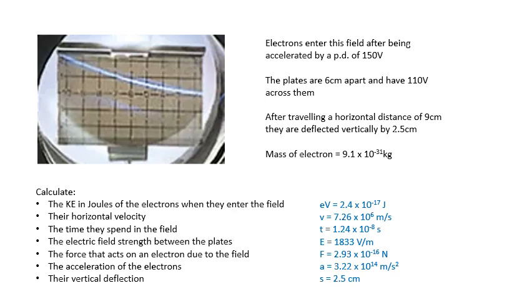Okay, so the kinetic energy in joules of the electrons is eV, where V is the accelerating voltage, which is 150 volts. So that's my kinetic energy of the electrons. The horizontal velocity: if I put that energy equal to a half mv squared, I'm ignoring relativistic effects.